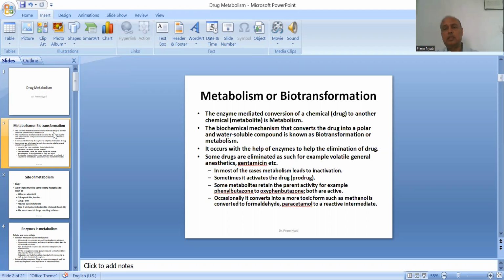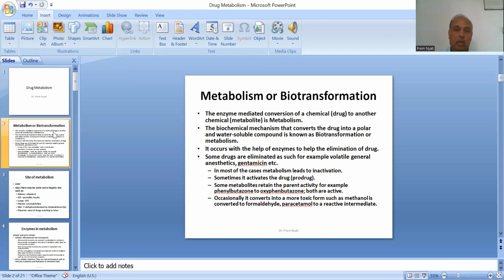Now the drug reaches its site of action, performing its action and whatever beneficial effects we desire. At the same time, the drug can also produce harmful effects. But once the job of the drug is over, we need that it should be removed from the body.